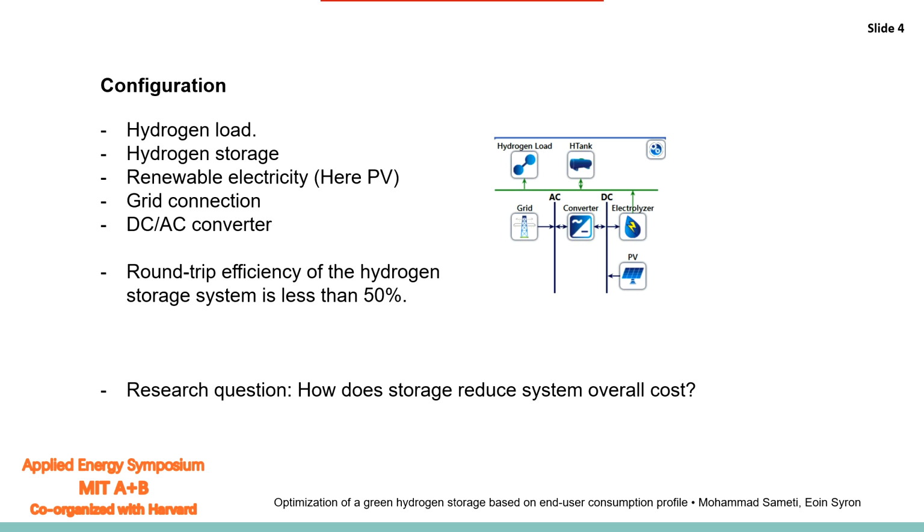So the research question is: how does the CGH2 tank storage reduce the overall cost of the system? And that cost includes both the capital cost of the system and the operating and maintenance cost of the system over the lifetime of the application.